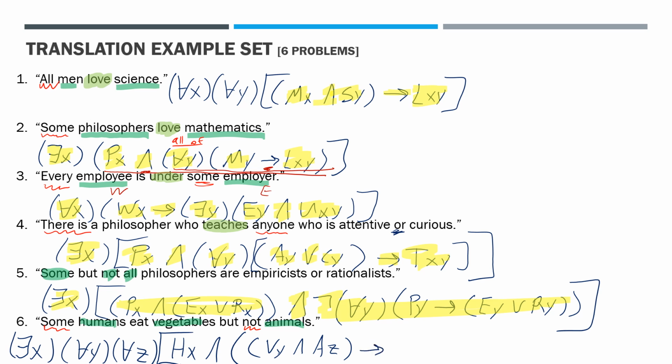We have this eat, and eat, of course, is a relational predicate. So we'll say E x y, x eats y, and it is not the case that E x z.